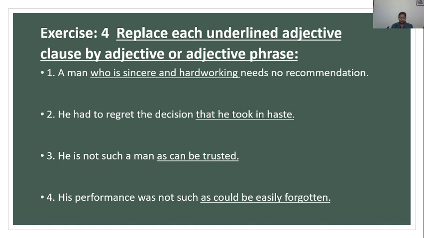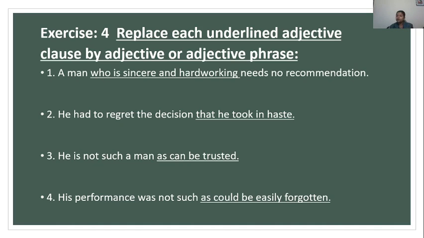Now let's proceed towards exercise 4. Replace each underlined adjective clause by adjective or adjective phrase. See what we are going to do here. Here we have to do the reverse engineering. In exercise 3, we converted phrases to clauses.